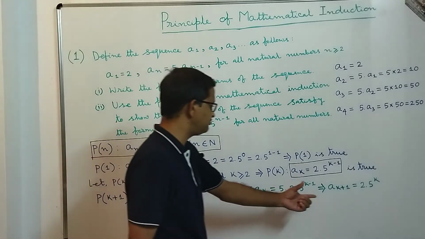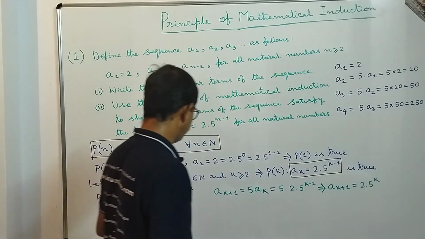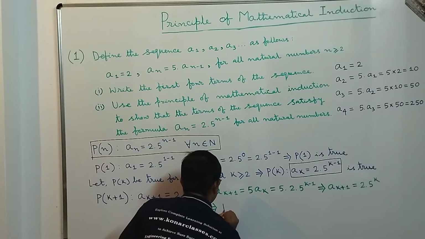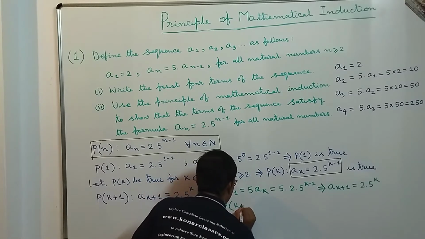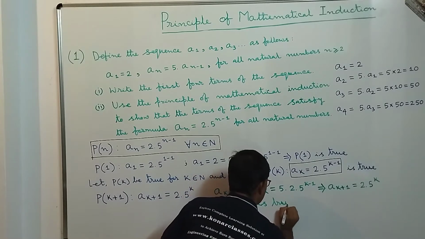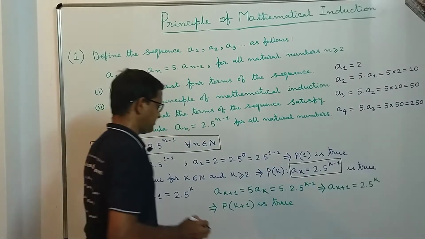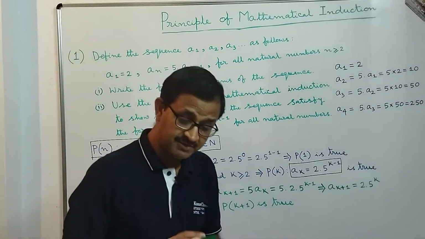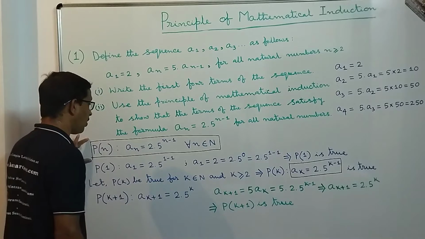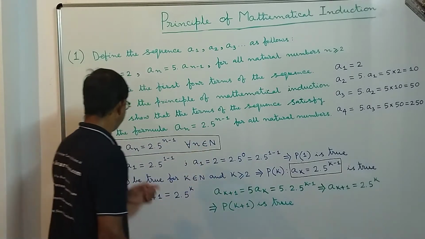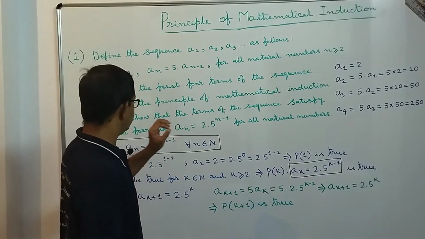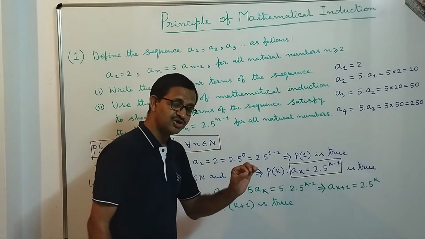So we are able to prove that Pk+1 is true. So this implies that Pk+1 is true. Hence, by means of the principle of mathematical induction, we can say that Pn is true for all n belonging to the capital N. That means an equal to 2 into 5 to the power n-1 is true for all natural numbers.